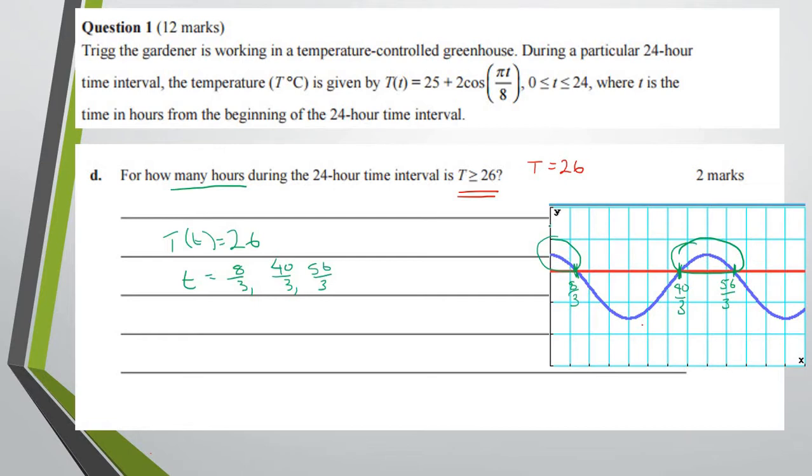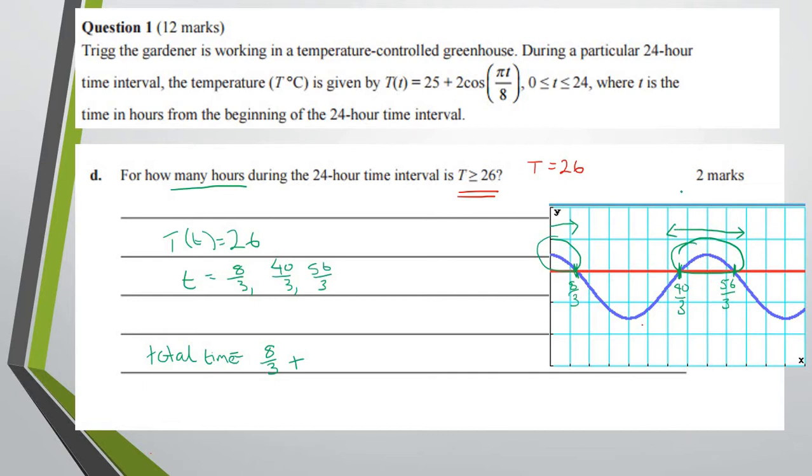So to find the time distance between here, between 0 and 8 over 3, so the total time, we can calculate by taking the time between 0 and 8 over 3, plus we also need to add in this time period here.